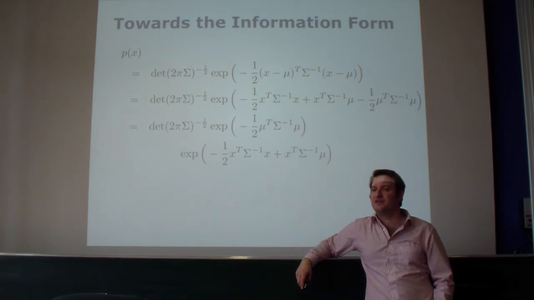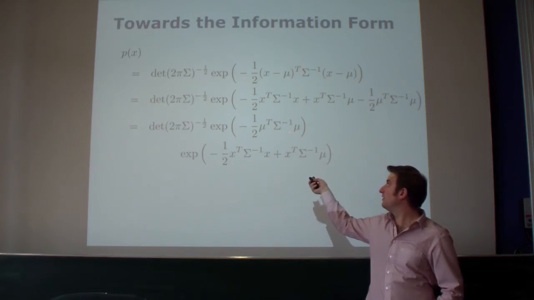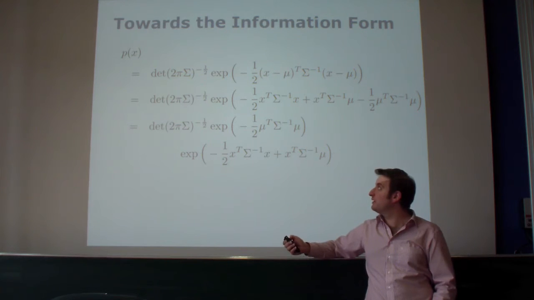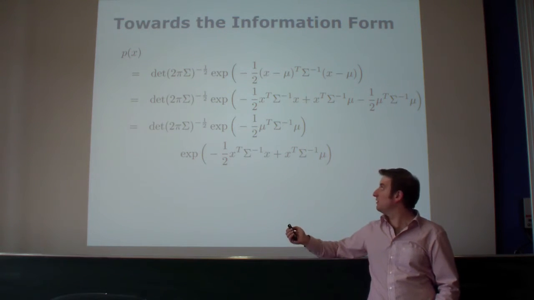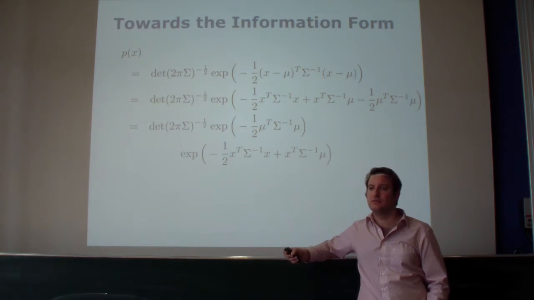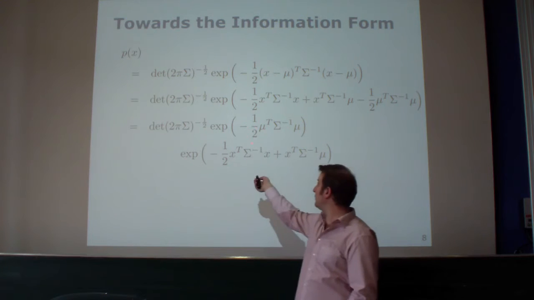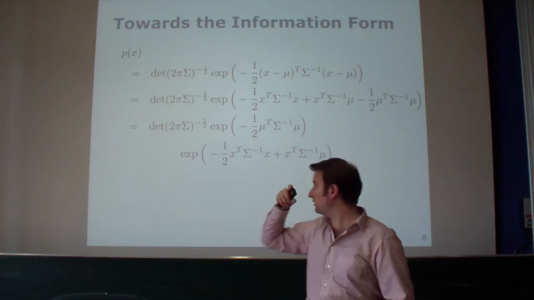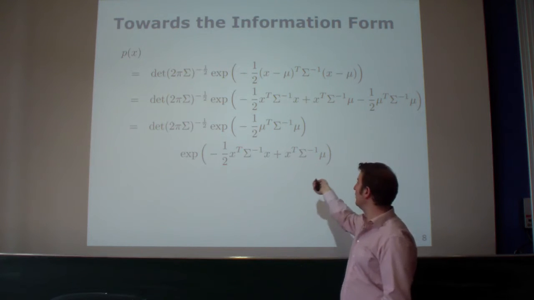Which variables does this term depend on? We have a probability distribution over x. Is there any x in here? It's a constant factor. So this term is simply a constant factor which doesn't depend on the value of x.